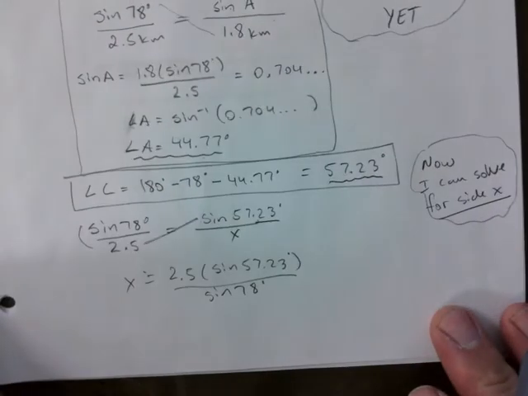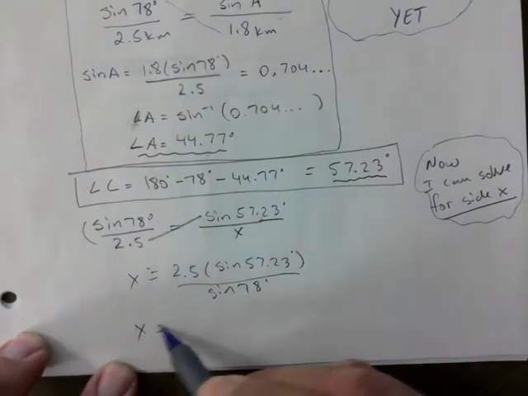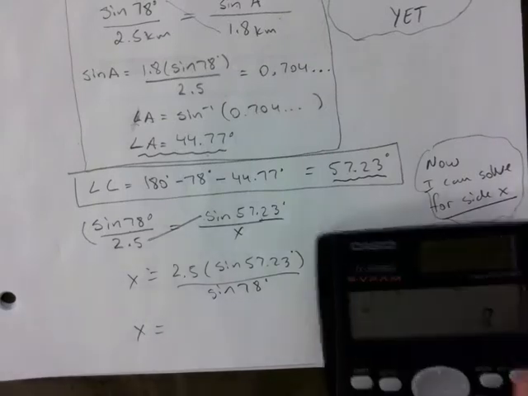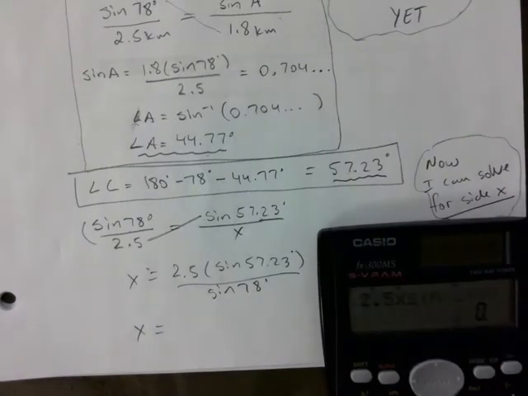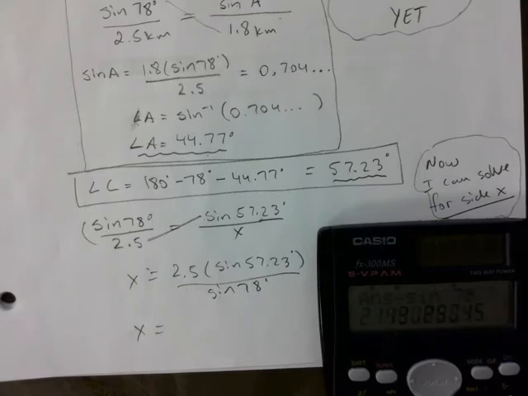Sorry, can't see that, can you? There. That's why I left so much room, right? 0.5 times sine of 57.23 divided by sine of 78.